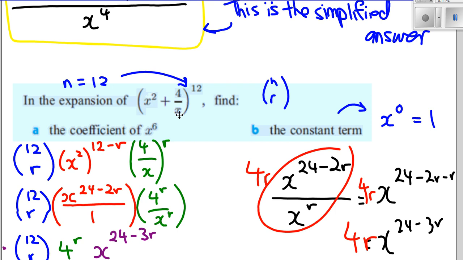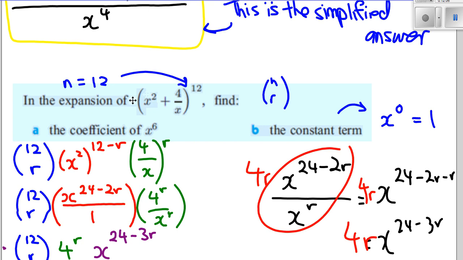So we're not sure exactly at which term they are going to overlap and become x to the power of 6. You could experiment and do the entire expansion if you wanted, but what I'm teaching you is a little strategy to use a formula to get straight there. Yeah. And if it didn't have something to the power of x or a square here, then it wouldn't be a problem.